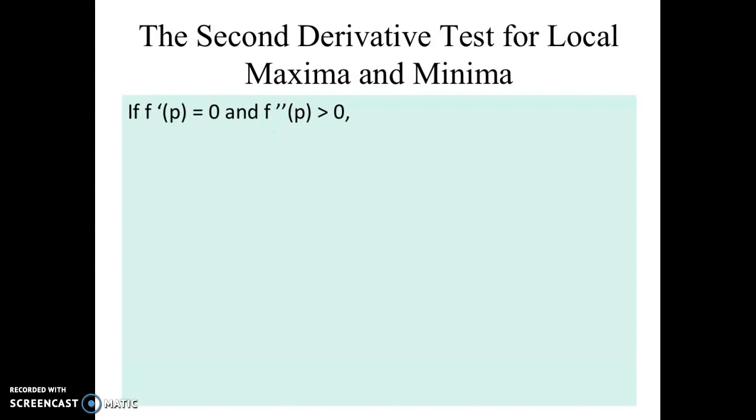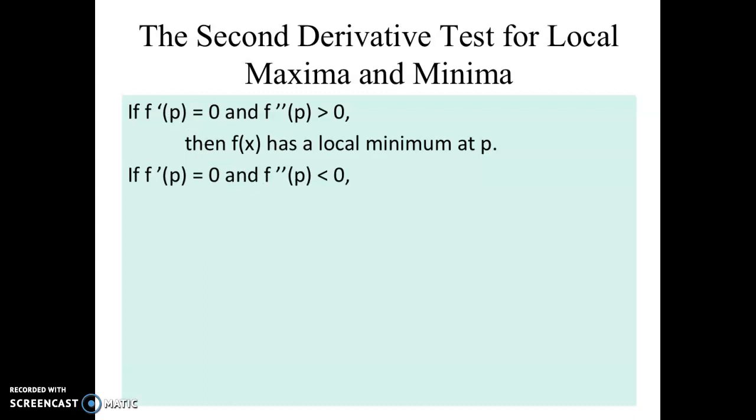If the derivative at a certain point p is equal to 0, in other words, if p is a critical point of the function f, and if the second derivative at that point p is positive, well, we know from our shortcuts that when the second derivative is positive, the original curve is concave up. If the original curve is concave up, then that critical point must be happening at a local minimum point at p.